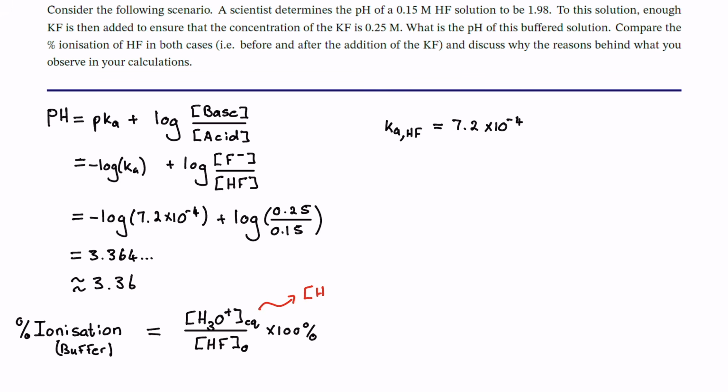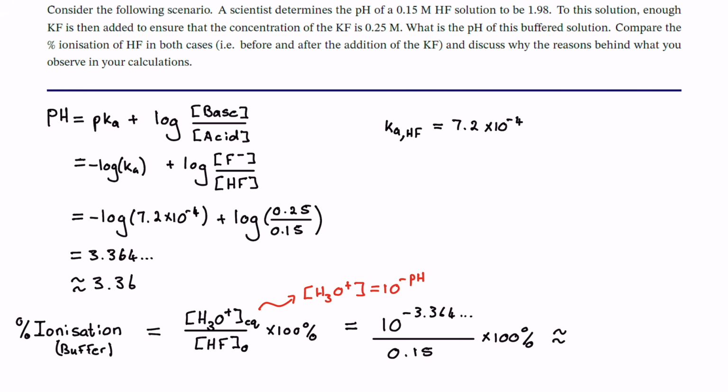The hydronium ion concentration will be equal to 10 to the power negative pH, because we just calculated the pH of this solution. It is 3.364, etc. So our percentage ionization here is equal to 10 to the power negative 3.364, divided by 0.15, multiplied by 100%.